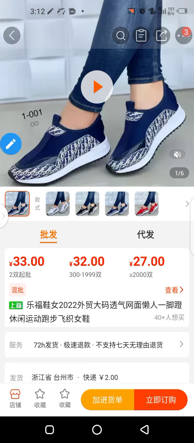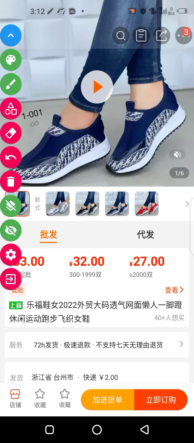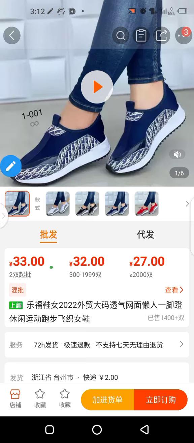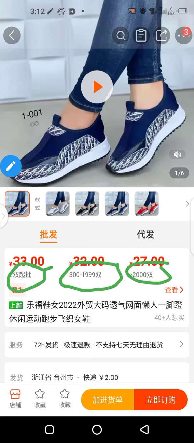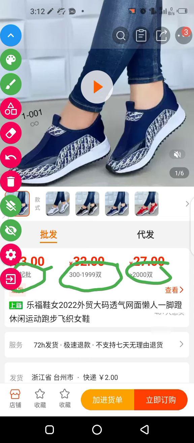So as we can see, it is three. Let me show you something. You can see a 2 written there, and you can see 300 to 1999, and beyond 2000 there, where I've just circled.